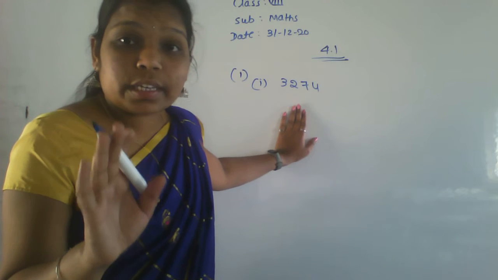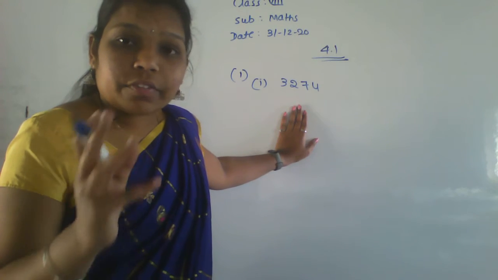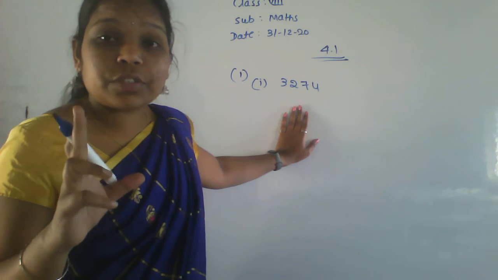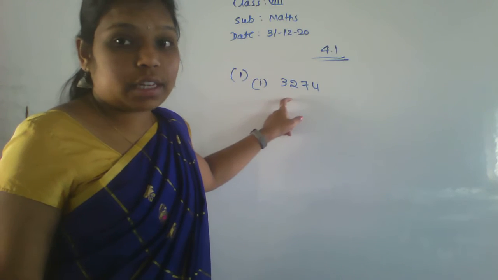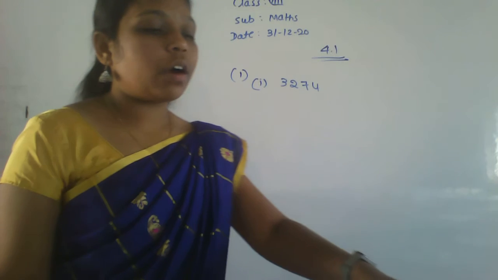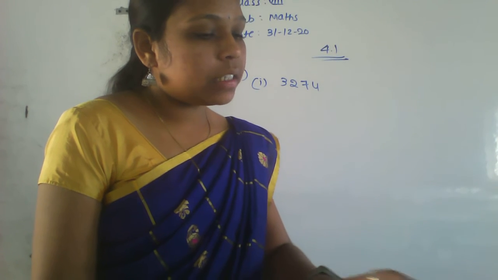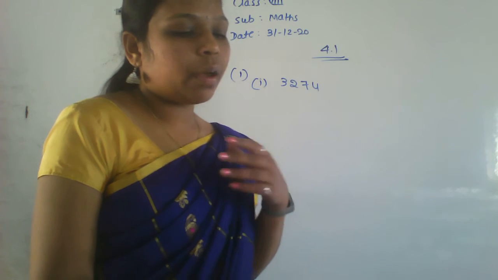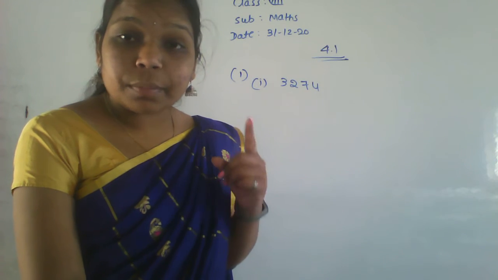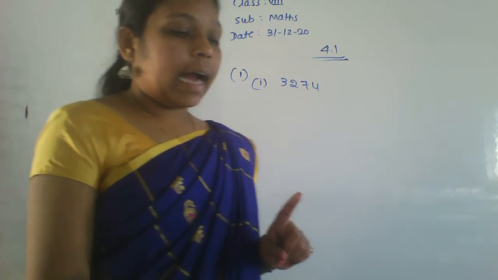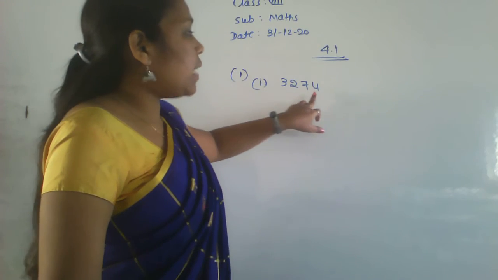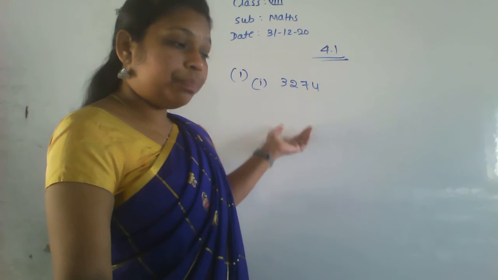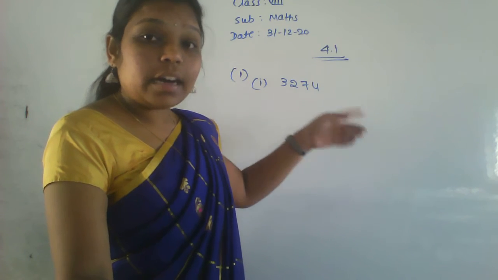Only using the properties of a cube, we can say the ones digit value in the cube of this given number. I think it is the third property, okay? Third property, open page number 56. In that they have given a number ending with a digit and the unit digit in the cube of that number.